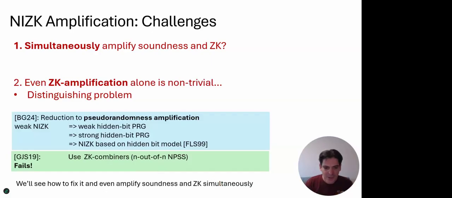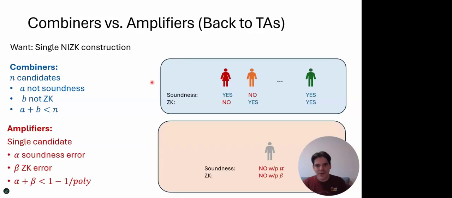Okay, so let's talk a little bit about the combiners. In the setting of combiners, we have n candidate constructions. Let's go back to the TAs. So we have n TAs. We know that A of them are not sound and B of them are not zero knowledge, and we know that A plus B is at most n. In the setting of amplifiers, we have a single TA, which is kind of a weak TA. Right? It has soundness error probability alpha.